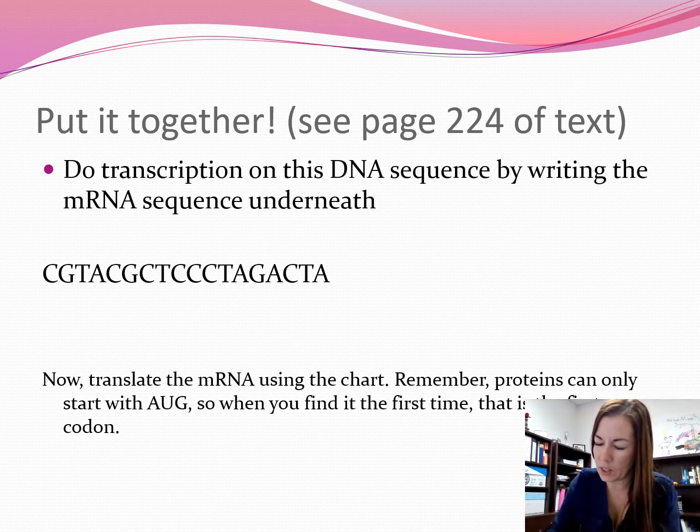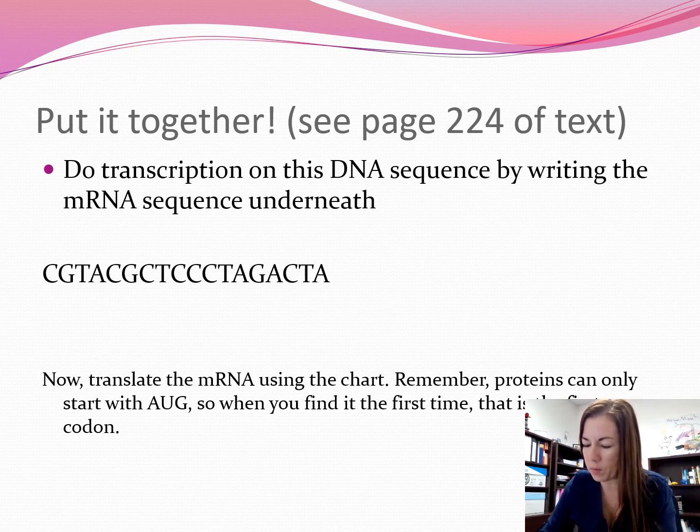So C to G, G to C, T to A, and then A to U, G to C. Looks like our start codon is right here. C, G, A, G, G, G, A, U, U, oops, A, C, U, G, A, U.